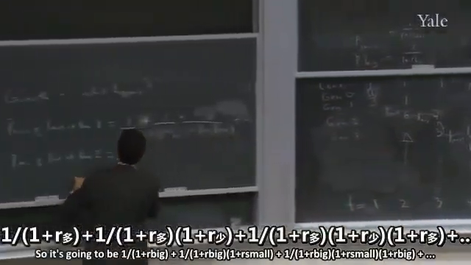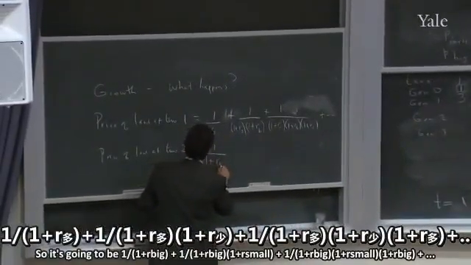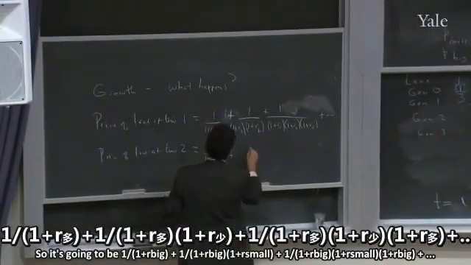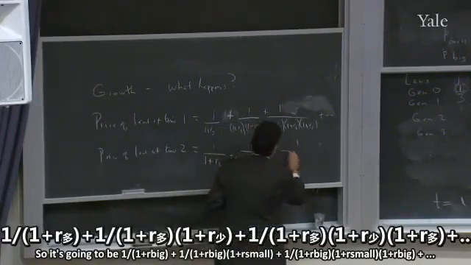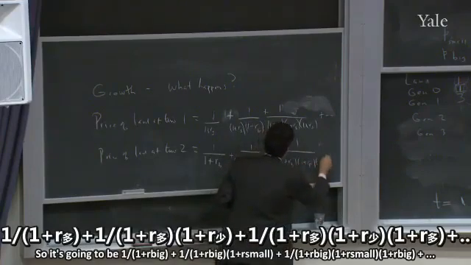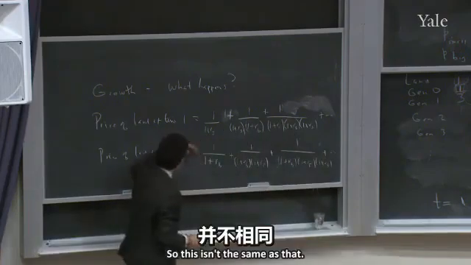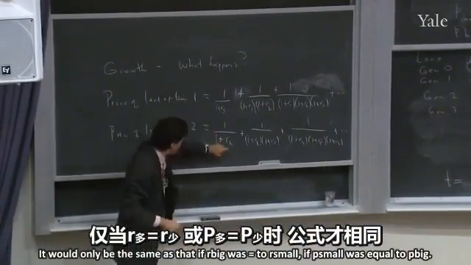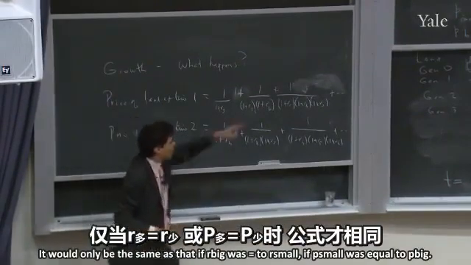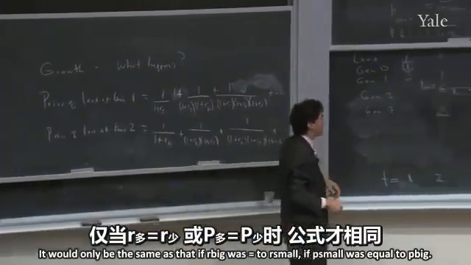Okay, so it's going to be 1 over 1 plus R big, plus 1 over 1 plus R big times 1 plus R small, plus 1 over 1 plus R big times 1 plus R small times 1 plus R big, plus dot dot dot. So this isn't the same as that. It would only be the same if R big was equal to R small, if P small was equal to P big.